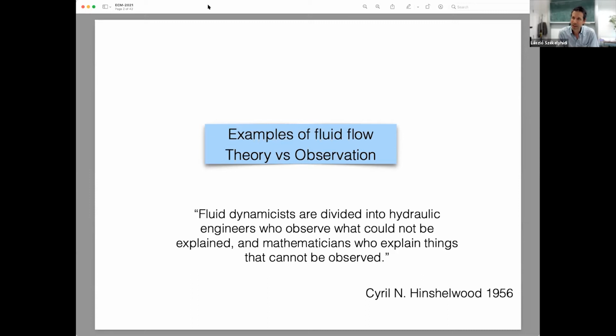So he's referring to the great divide between what is usually observed in fluid dynamics and what we can actually prove as mathematicians. To be fair, he was referring to fluid dynamicists in the 19th century, but I think in some sense this remark even applies today, although we are trying to close this divide.